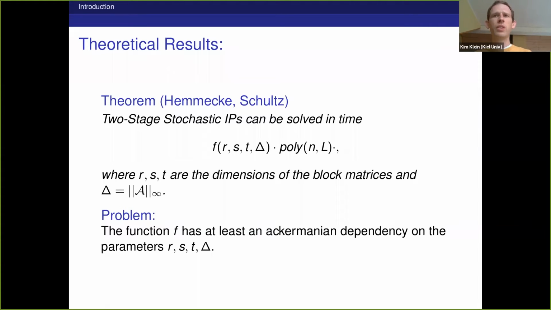The only thing that is known regarding the function is that using their methods, there is at least an Ackermannian dependency on the parameters. So we know at the minimum that the function already grows extremely fast.